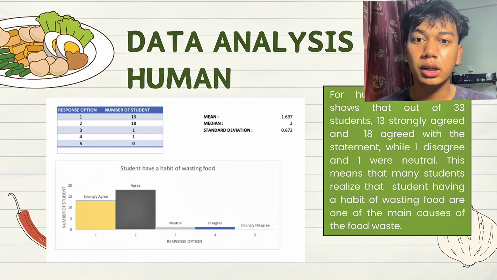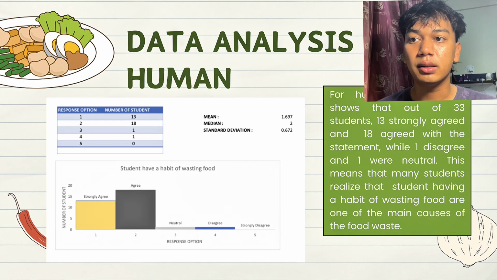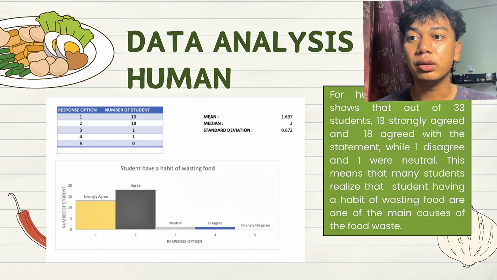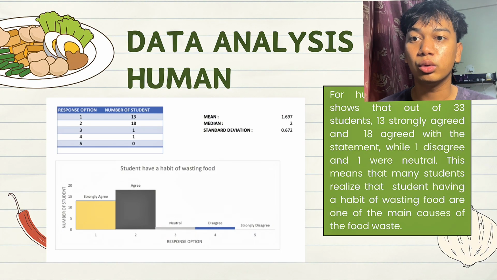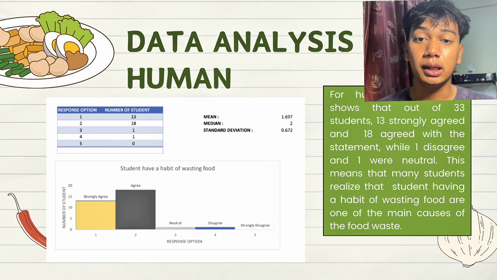Only a few students were neutral and one disagreed, and no one said strongly disagree for this histogram. From the statistical data on the right, the mean value is 1.697, which is close to the strongly agree category.